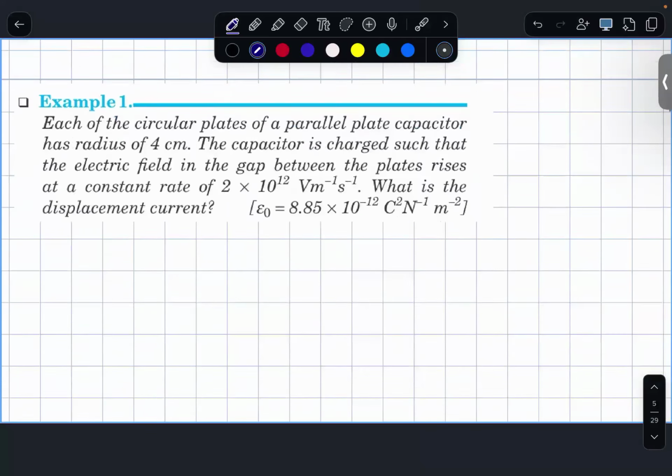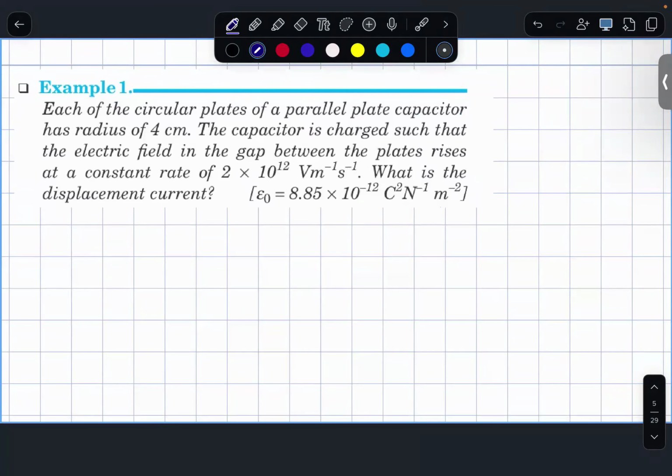Each of the circular plates of a parallel plate capacitor has a radius of 4 centimeters.